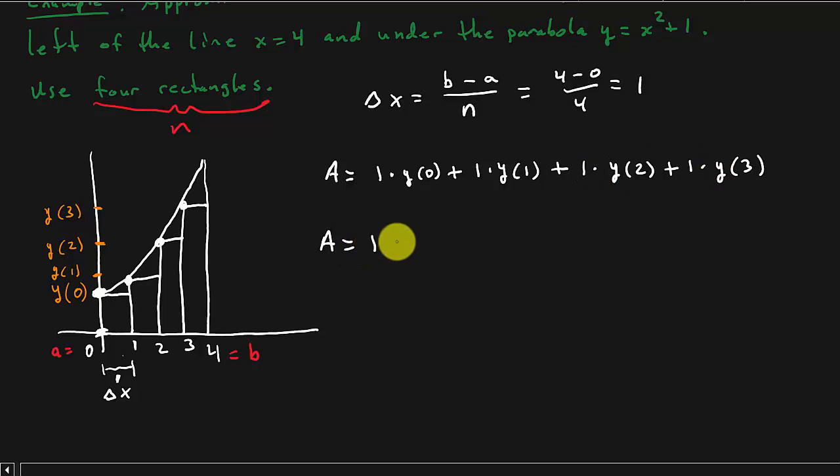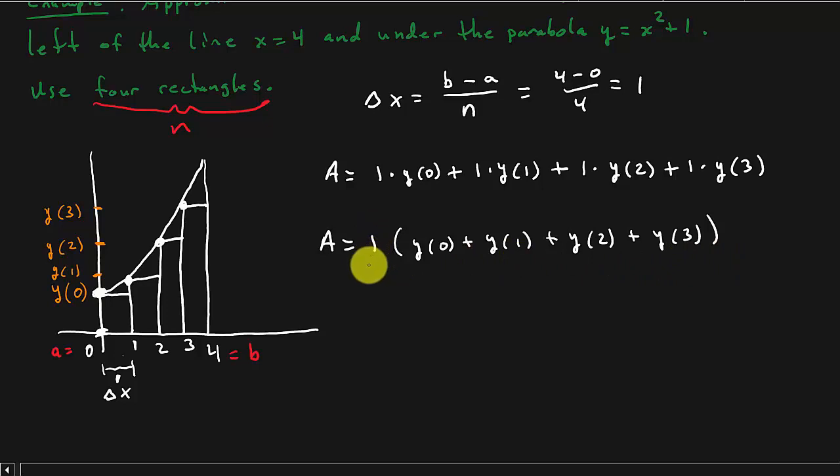I can factor that 1 out and just write y of 0 plus y of 1 plus y of 2 plus y of 3. All right? And so what I'm doing is taking the width of each rectangle, factoring it out and writing it one time. And then I'm summing up the heights, and then multiplying times the width.